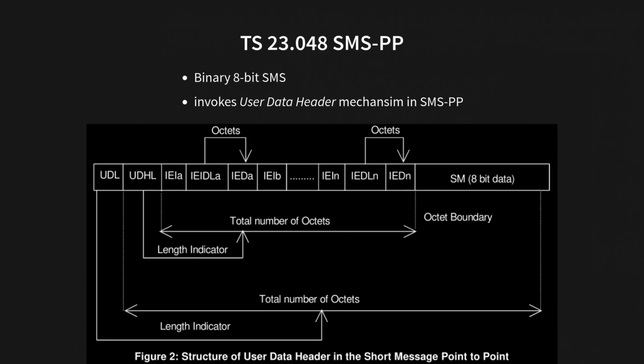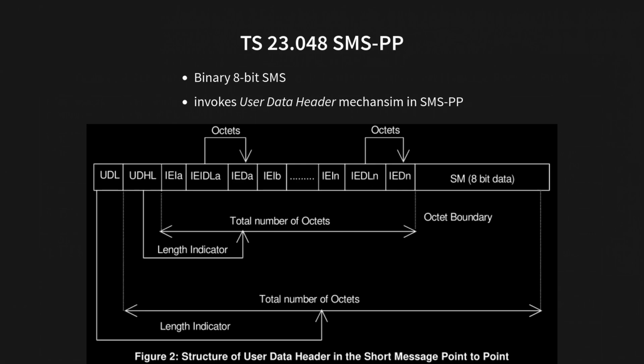The funny thing, and I don't have a slide about this, but I find this so hilarious in this context, is that as a recipient of an SMS, how do you know whether there's a user data header in front or not? There's a bit that signals you out of band, the UDHI, the user data header indicator, that tells you if such a header is present or not, but it only exists in the direction mobile terminated. So the mobile originated direction does not have a user data header indicator.